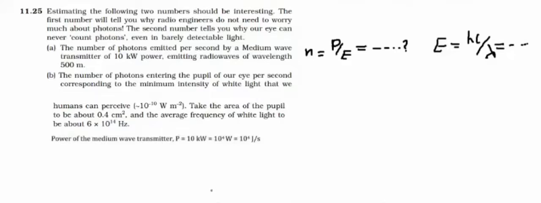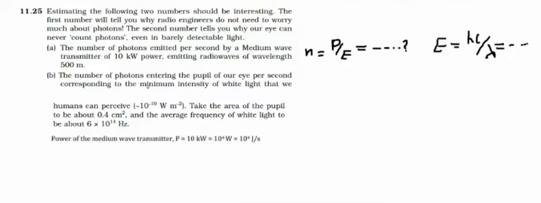So first of all, here you have to see the energy E. The first part of the question is the number of photons entering the pupil of our eye per second.